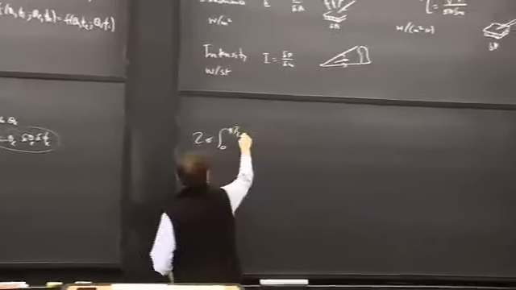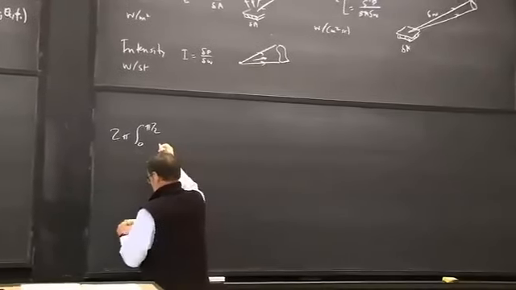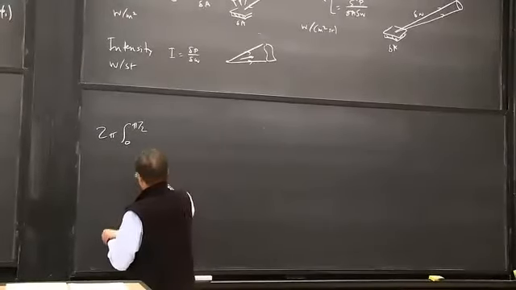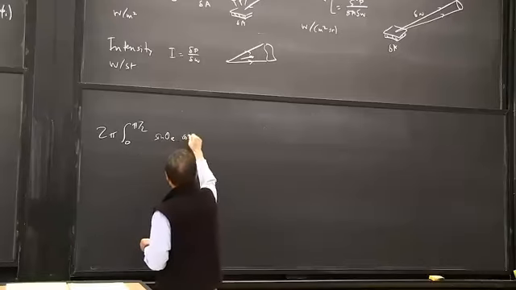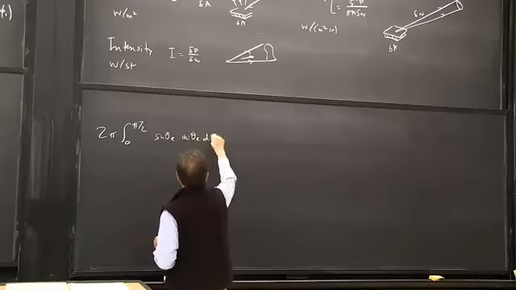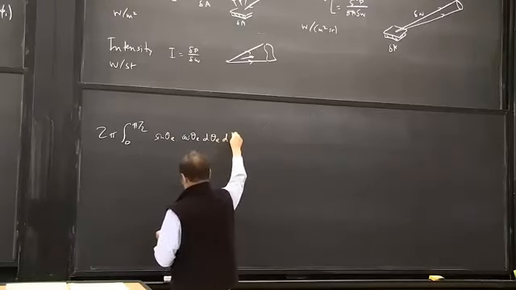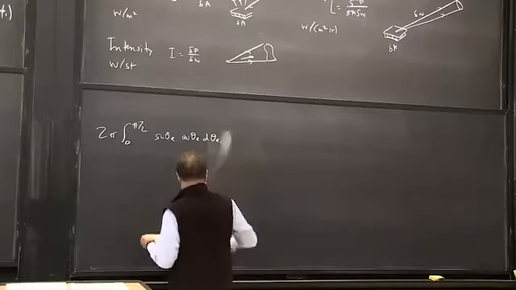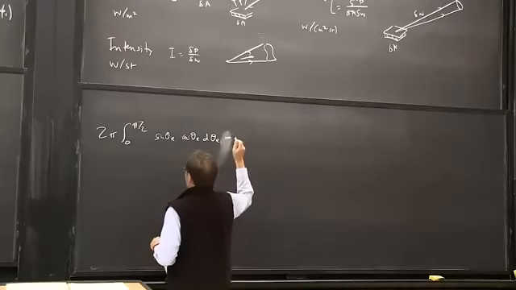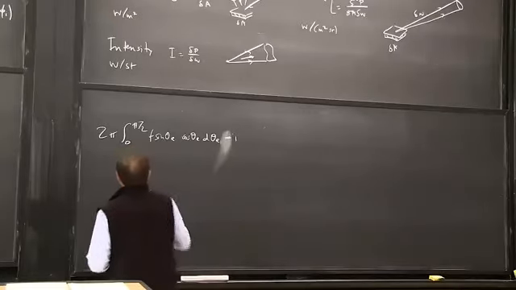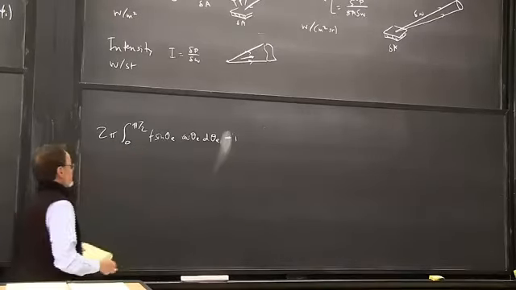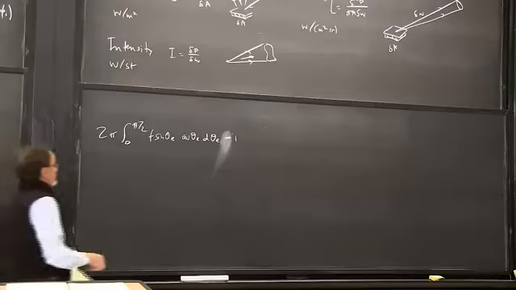So we're going to have 2 pi times the integral from 0 to pi over 2 of... oh, no, we already dealt with that. F. Well, actually, we can take the F outside because it's a constant. Okay.